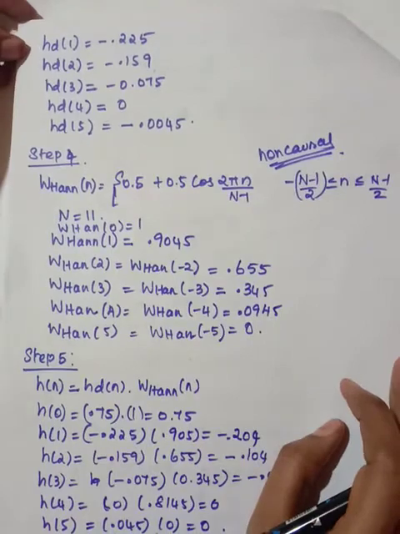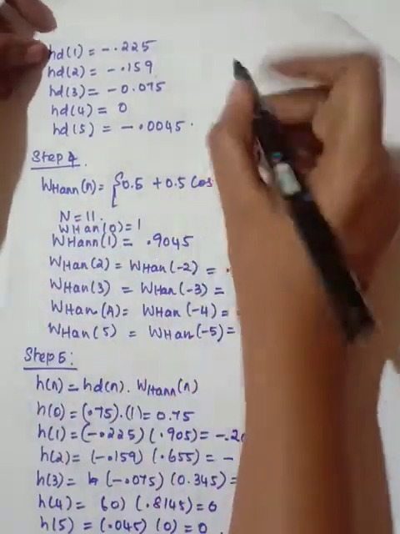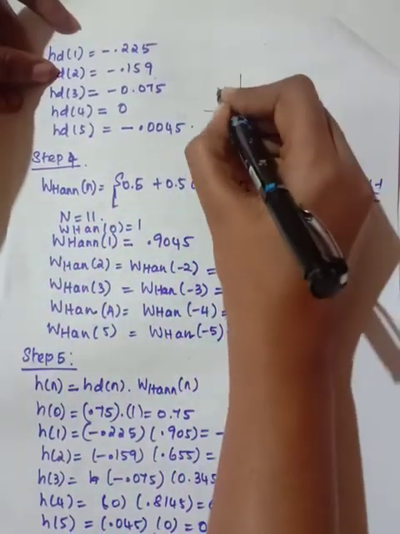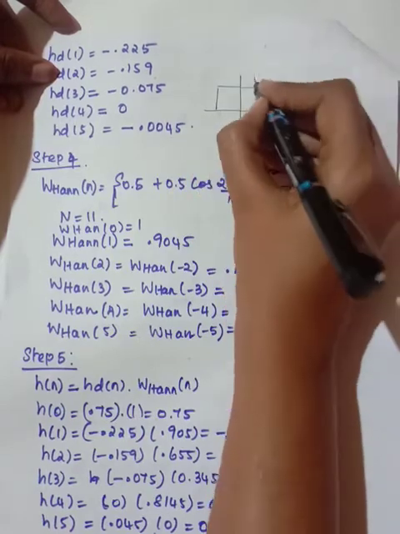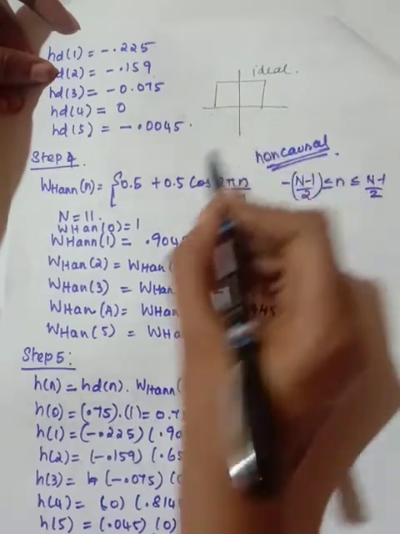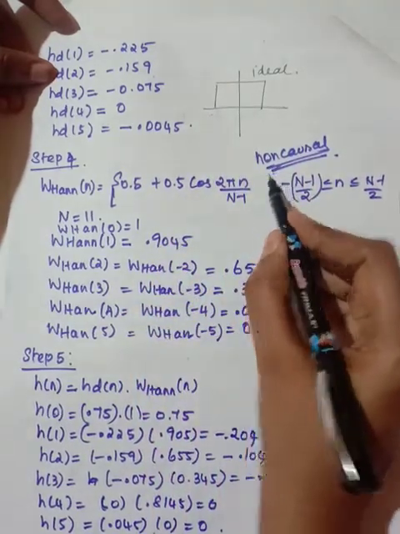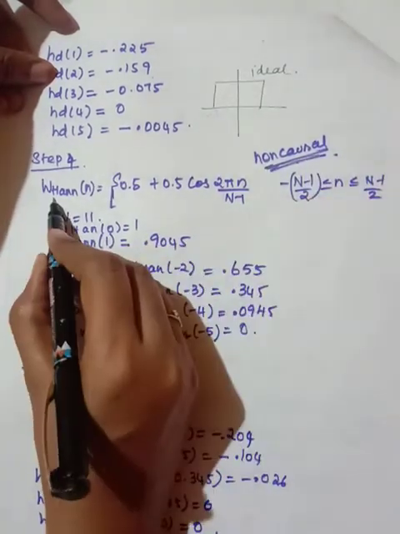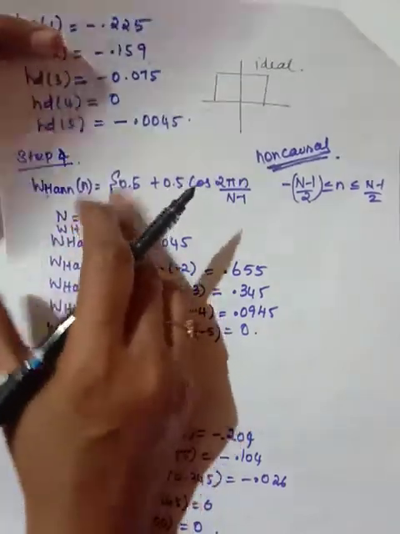Now here, the response they have given is an ideal response, and it lies on both sides. So what we need to select is the non-causal sequence of the Hamming window equation.